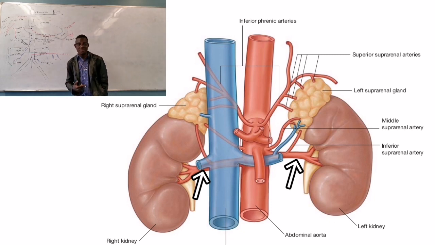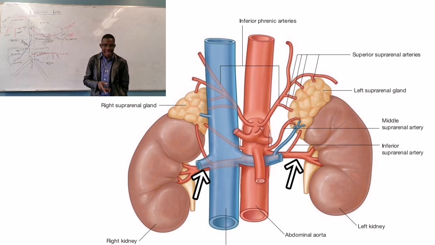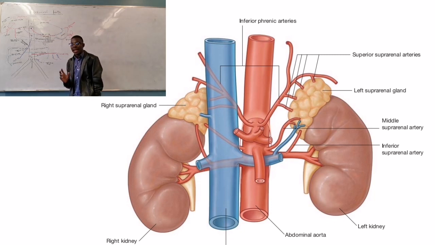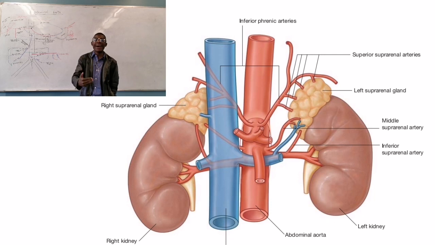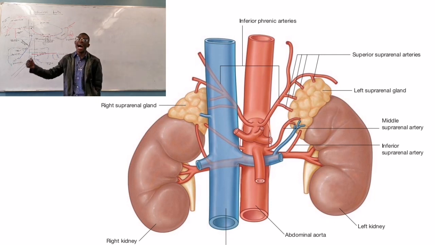There are 2 of them, one to the left, one to the right. You need to take note of this: since the abdominal aorta is in the midline towards the left side, the right renal artery will be longer than the left renal artery.